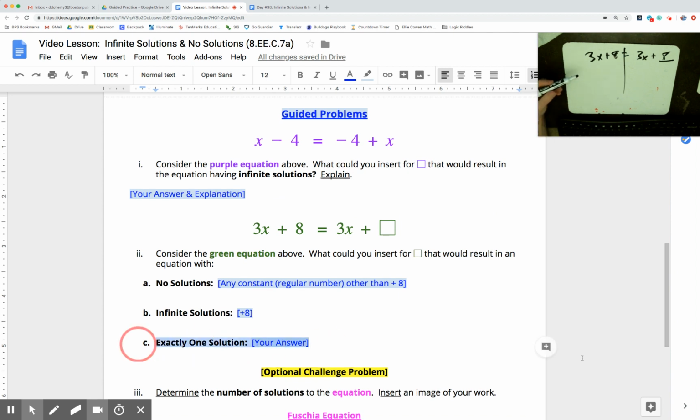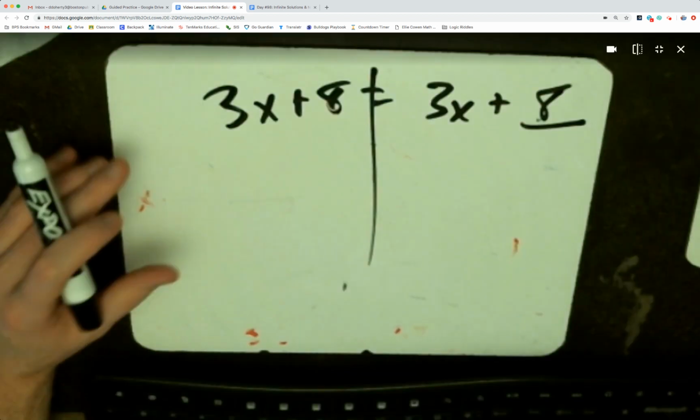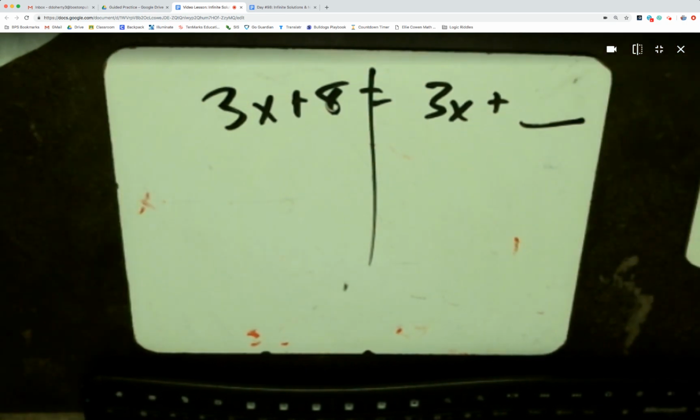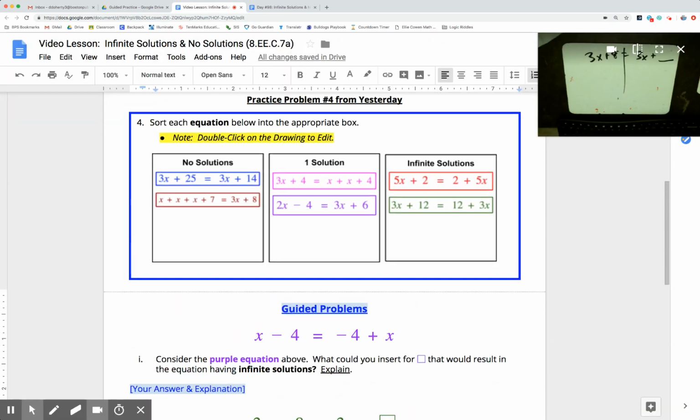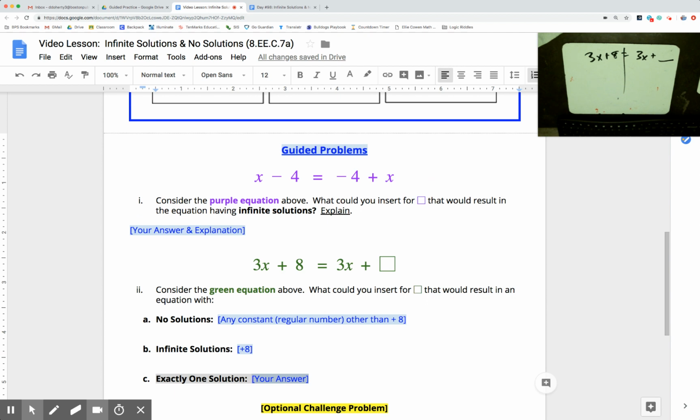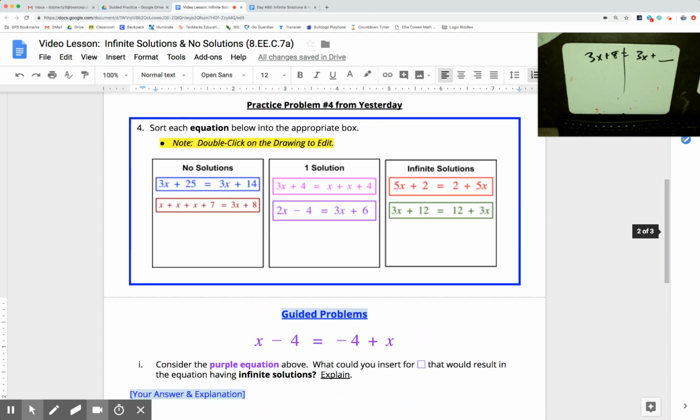Probably the trickiest part, how do I make this equation, what do I put into this blank box so it has exactly one solution? What we should have seen yesterday and start to learn better today is the way we get one solution, if variable terms are on both sides, they need to have a different coefficient. If the coefficient is the same for the variable on both sides, like we currently have with 3x and 3x, they're going to cancel each other out, and it's either infinite solutions or no solutions.